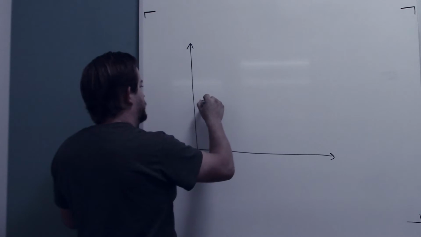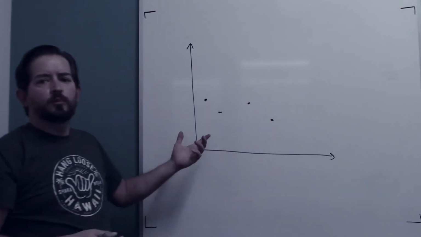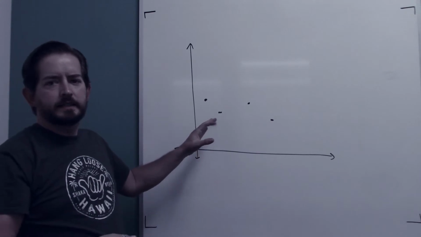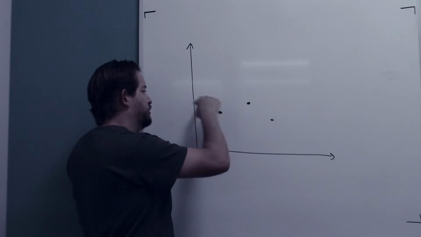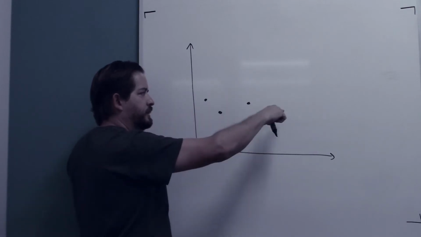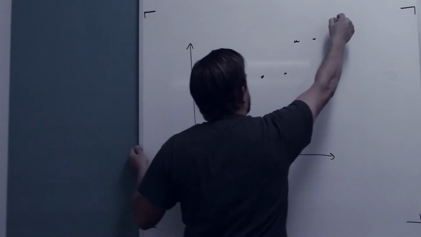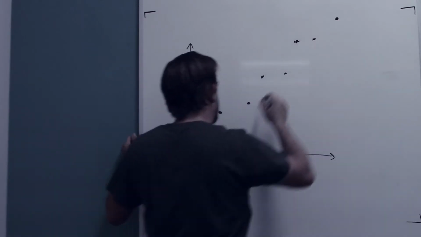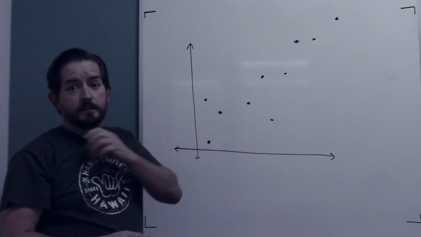If I have some points, and if I only have, say, these 4 points, it's not easy to say I can clearly see a trend, right? If I have these 4 points, well, yeah, it looks like there's probably a trend this way. But if I have more and more points, and all of a sudden, oh, wait a minute, I've got all these points over here, and maybe one down here, all of a sudden my trend line clearly changes, right?